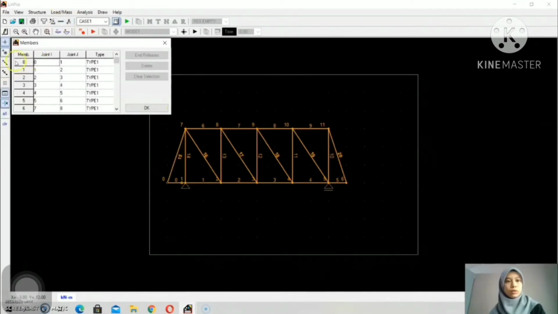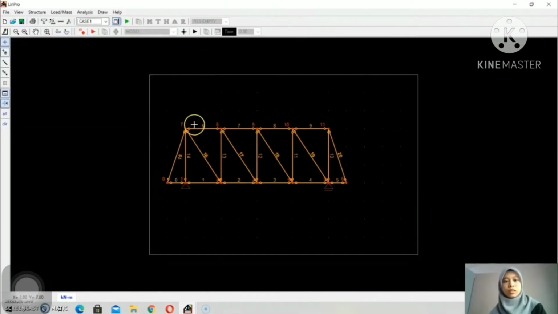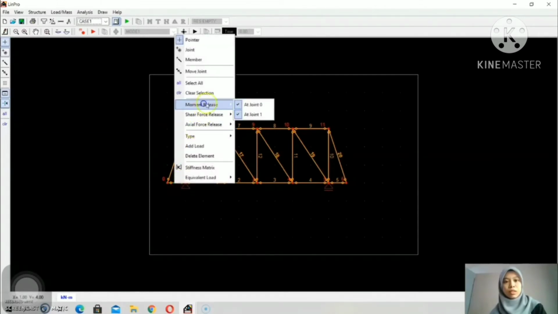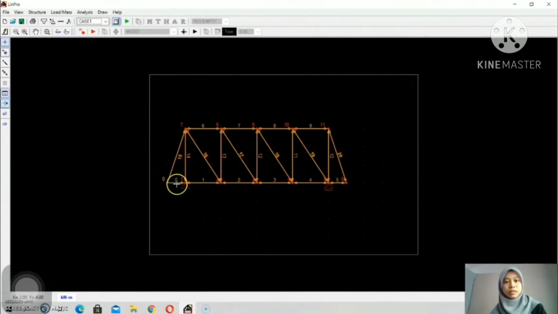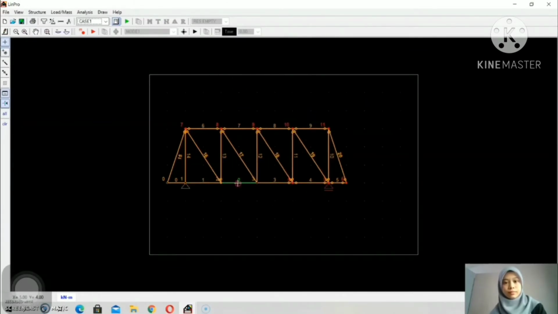Here. This is the area, the red one. We just do this manually. Okay, after that, we just put the load here.